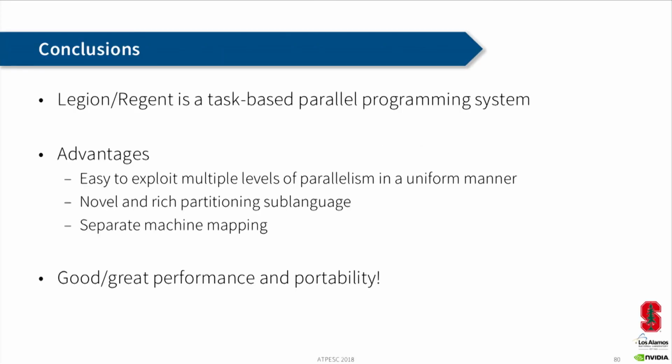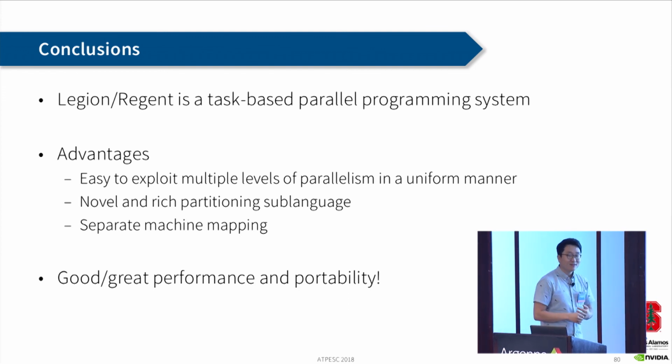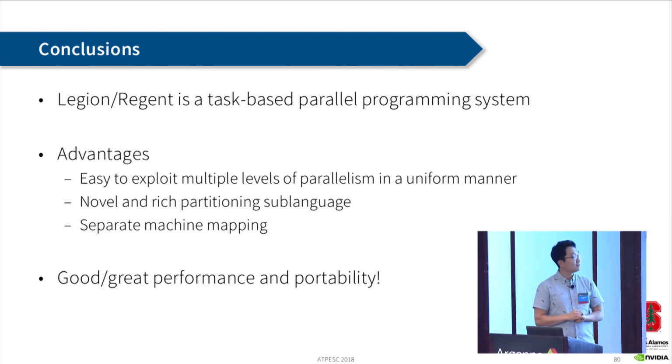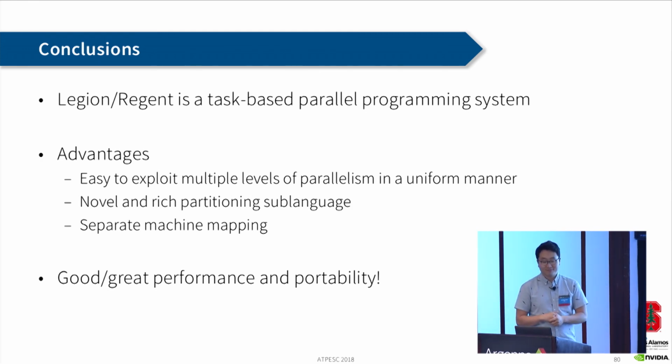So to conclude, Legion and Regent is a task-based programming system where the parallelism is implicitly expressed. And there are a couple of advantages of using Legion. First of all, you can easily exploit multiple-level parallelism by using regions and partitions.